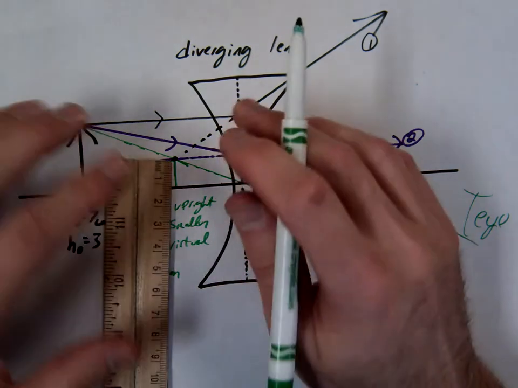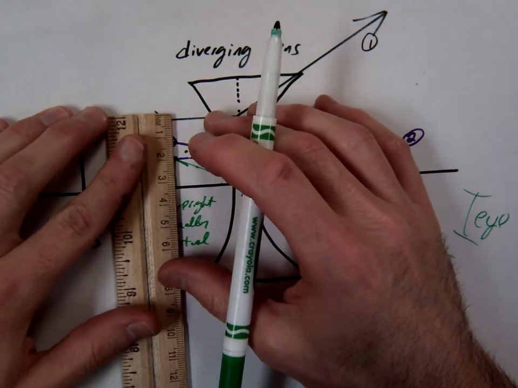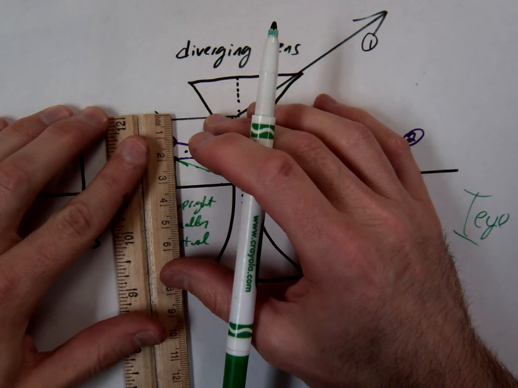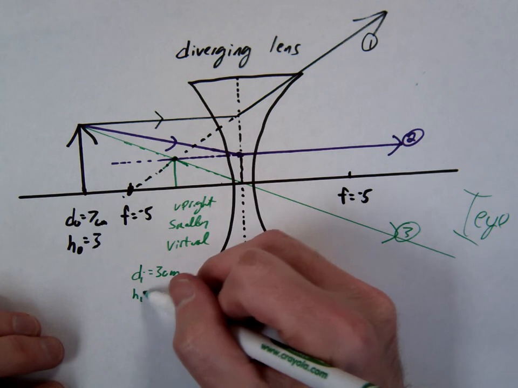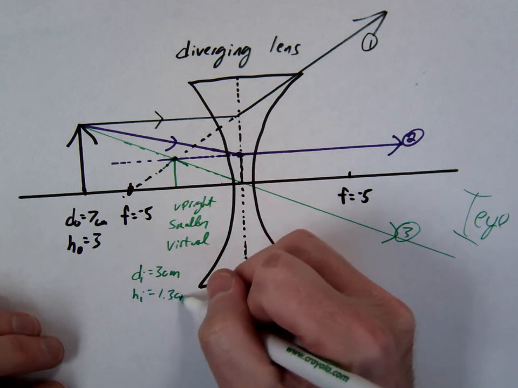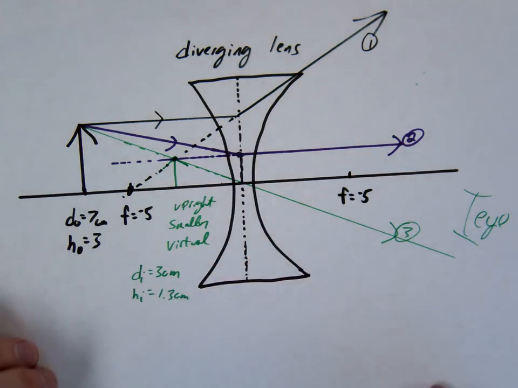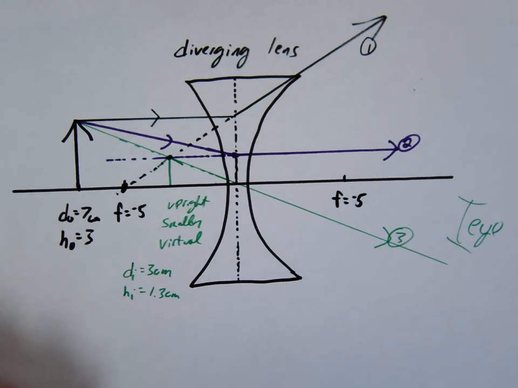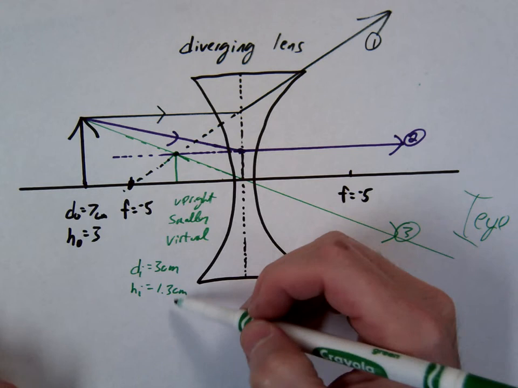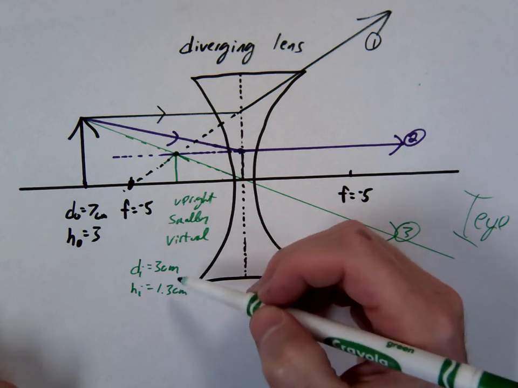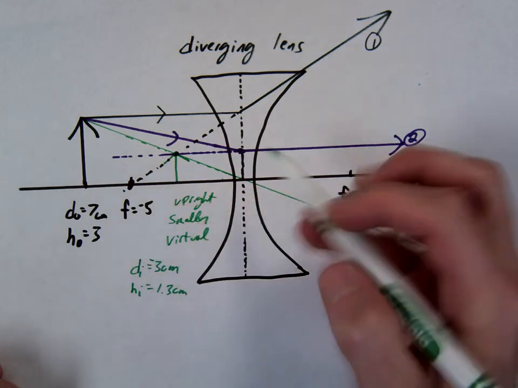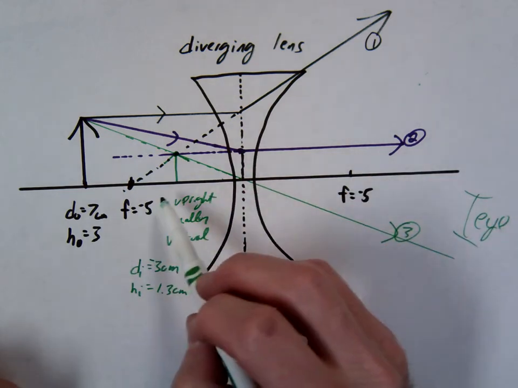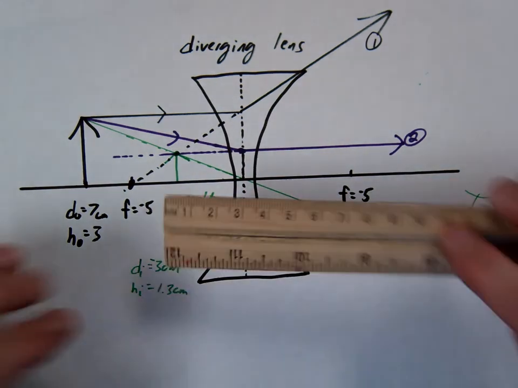Okay, let's measure the height. 1.3, something like that. Should I make either or both or none of these negative? DI should be negative. Remember, for lenses, when we're on the same side, we want to make sure that our DI is negative.